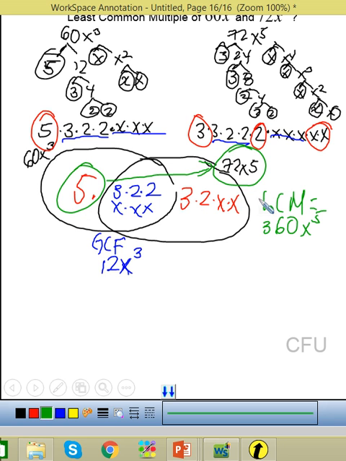Let's double check to make sure we got it right. This is 12, yes? 3 times 2, that's 6, yes? 6 times 5, that's 30, times 12, 360. X times x times x times x times x, x to the fifth. Or 6x squared times 60x to the third, that's 360x to the fifth.